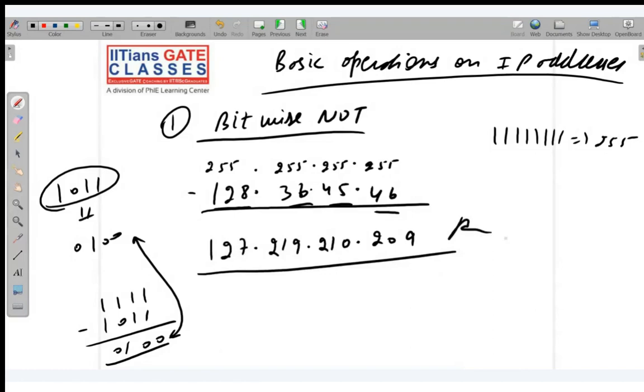This is my answer. Okay, so bitwise not is very easy. You subtract it from all ones, that's it, or from 255.255.255.255. You will get the answer. Any doubt here? Understood, sir. Okay, so take a snapshot. I will jump to the next slide.